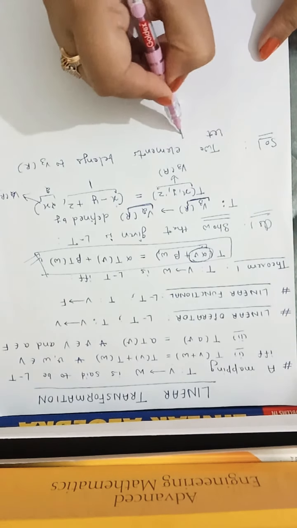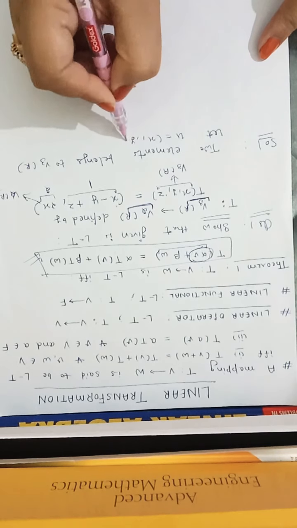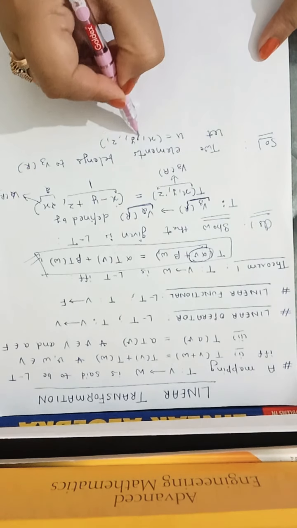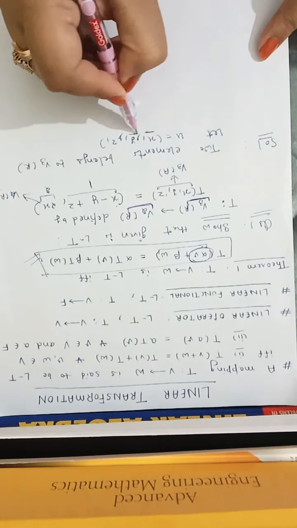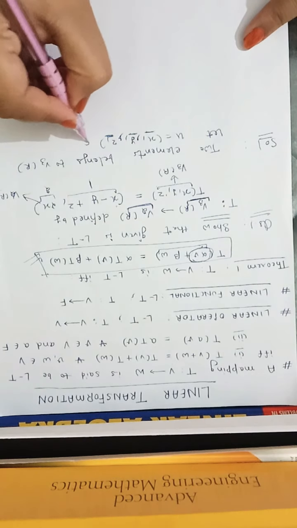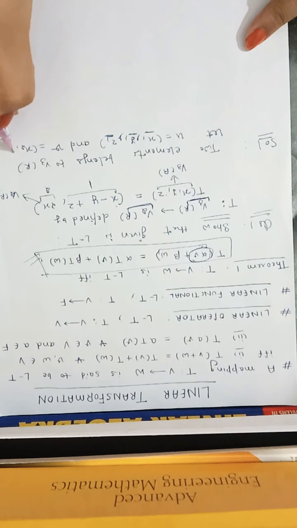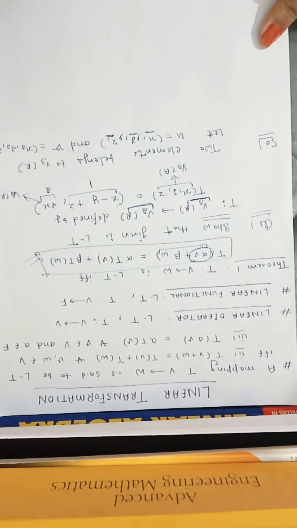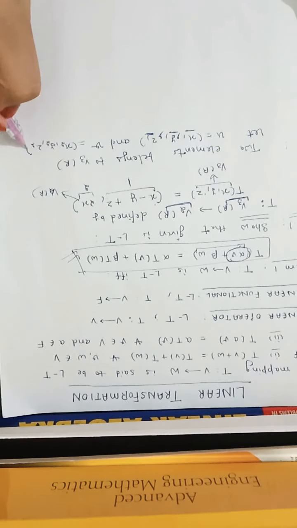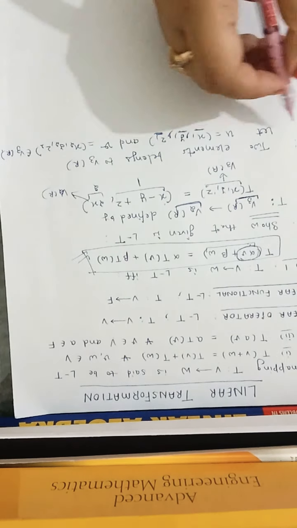Let u equal (x1, y1, z1) because it belongs to V3, that means it consists of a 3-tuple, and v equal (x2, y2, z2), belonging to V3(R).